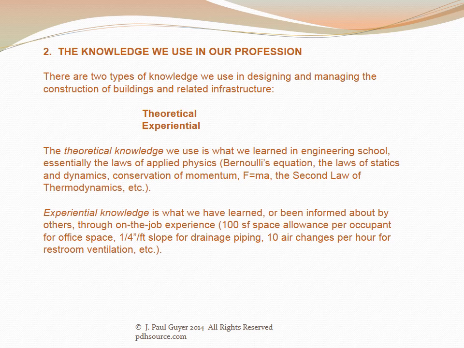Bernoulli's equation, the laws of statics and dynamics, conservation of momentum, F equals ma, the second law of thermodynamics, etc. Experiential knowledge is what we have learned or been informed about by others through on-the-job experience, things like 100 square feet of space allowance per occupant for office space, quarter-inch per foot slope for drainage piping, 10 air changes per hour for restroom ventilation, etc., etc.